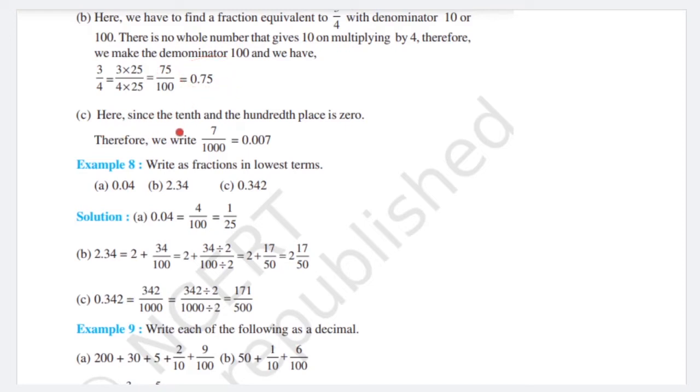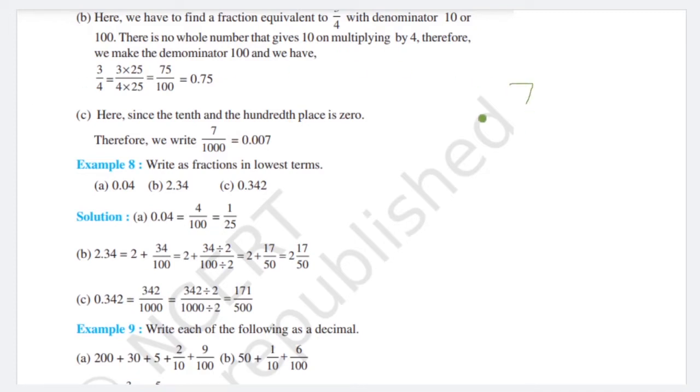The next one was 7 by 1000. 1000 means you have 3 zeros, 1 followed by 3 zeros. That means 3 decimals. After the decimal point you'll have 3 place values. So you have to place the dot in such a way that there are 3 decimal places after the point. So how will you write that?